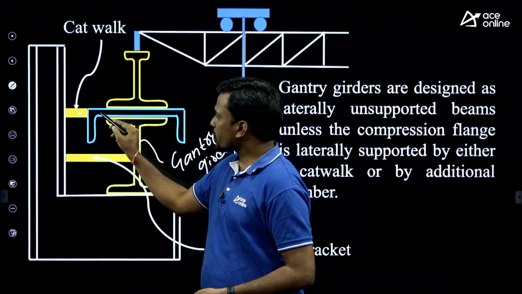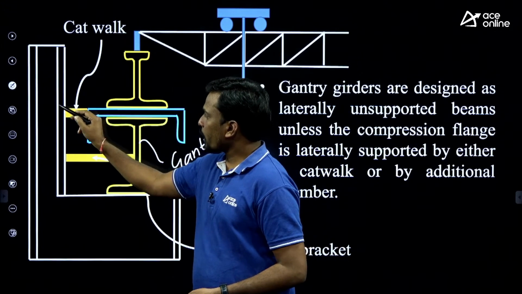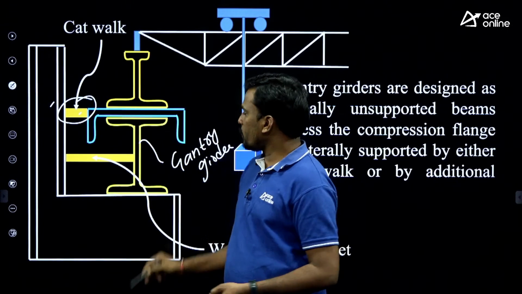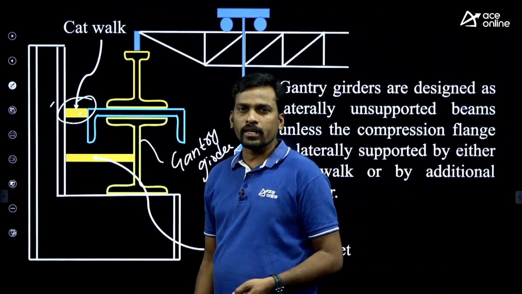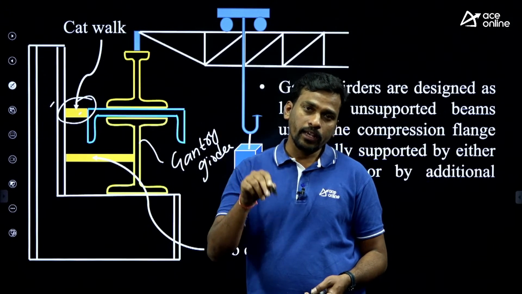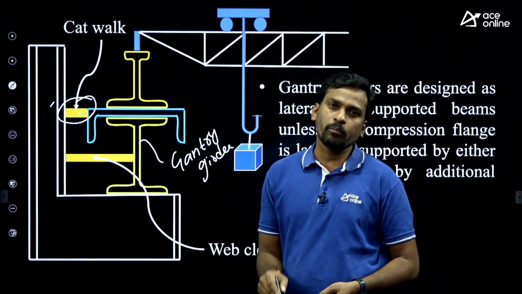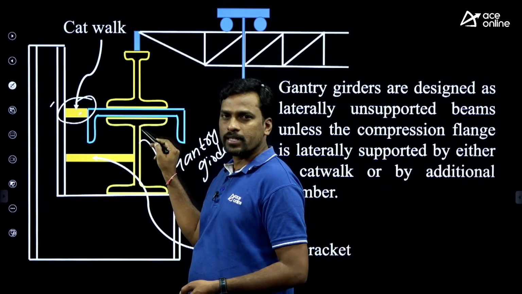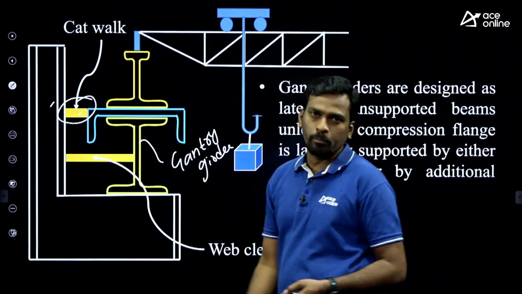Now, if this compression flange is connected to the column with the help of a catwalk, then this gantry girder is designed as a laterally supported beam. But if there is no catwalk here, then it is designed as a laterally unsupported beam.